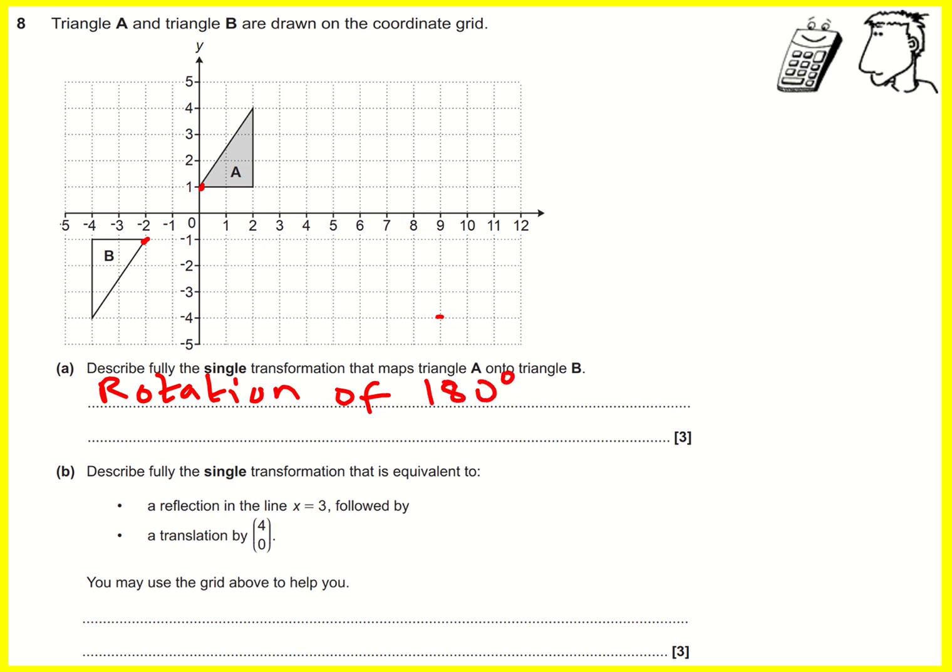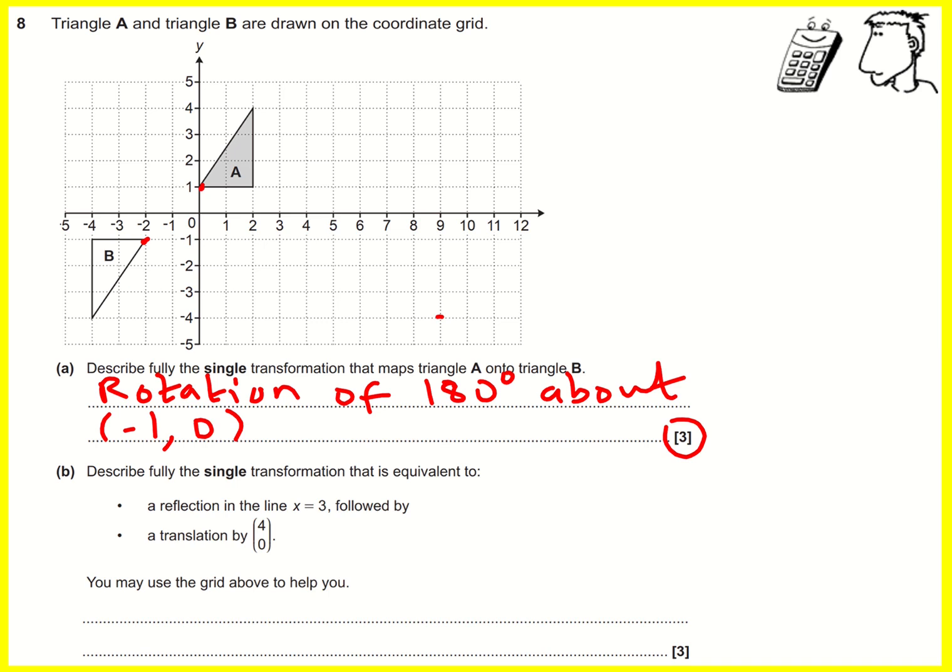Now we do not need to specify whether it's clockwise or anti-clockwise because it could be either. If you do give one, that should be fine as well. Rotation of 180 degrees about, you might write center of rotation, or you might just write center of rotation -1, 0, or you might just write the coordinate down.